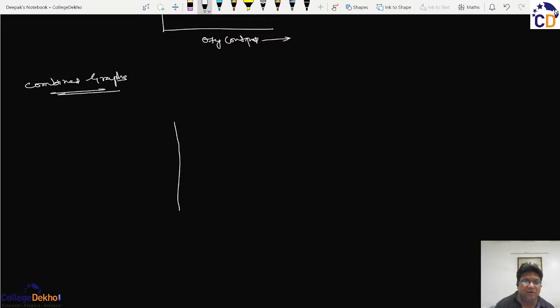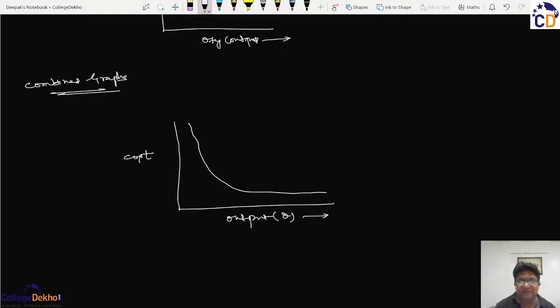that the average where we had this quantity and here we had this cost. So when we had this average fixed cost, it was going like this.